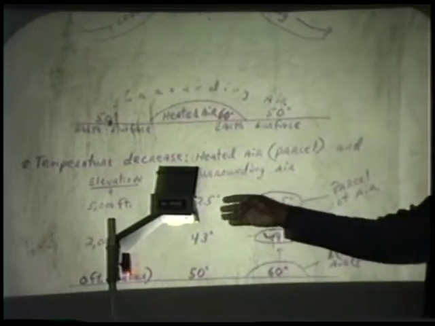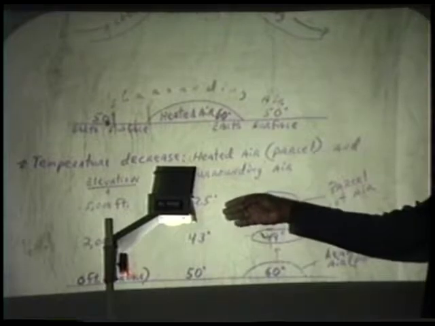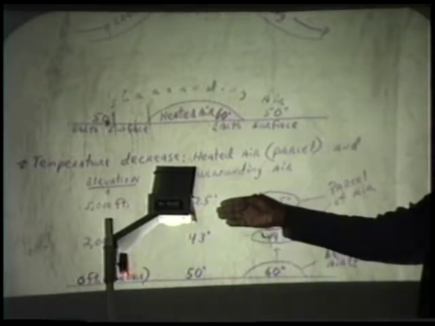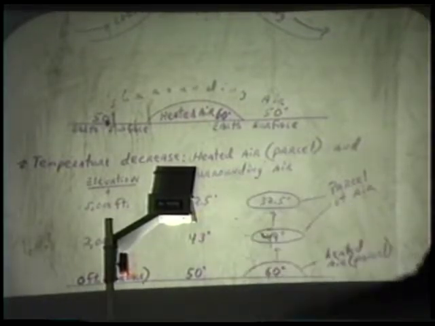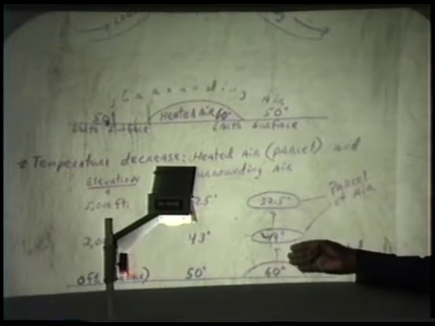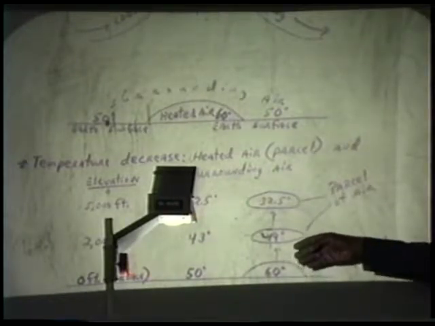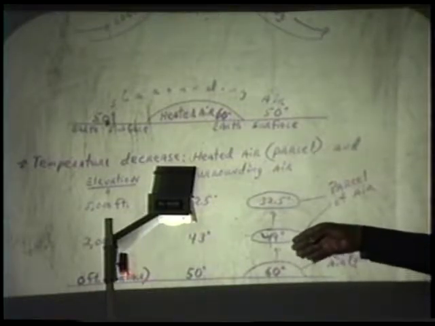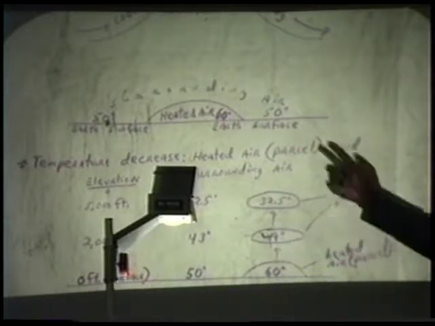These figures here indicate the temperature of the surrounding air. These figures over here represent the temperature of the heated parcel of air at 2,000 feet and at 5,000 feet.